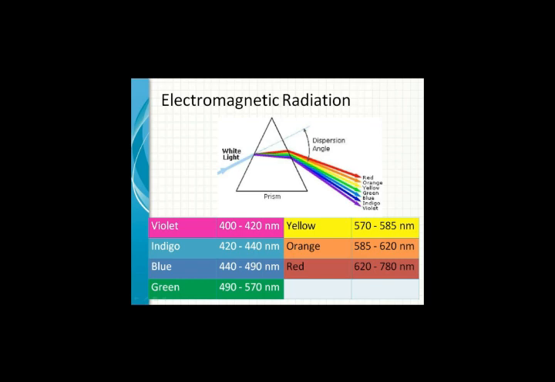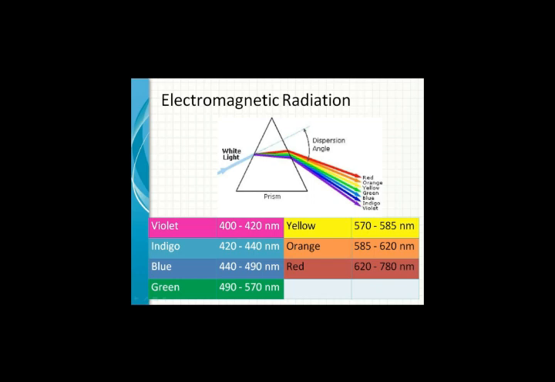The wavelength of the radiation is 400 to 420 nanometer for violet, and indigo is 420 to 440 nanometer. Blue light has the wavelength 440 to 490 nanometer. Green light has the wavelength 490 to 570 nanometer.